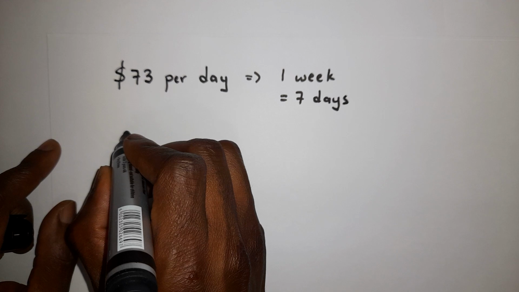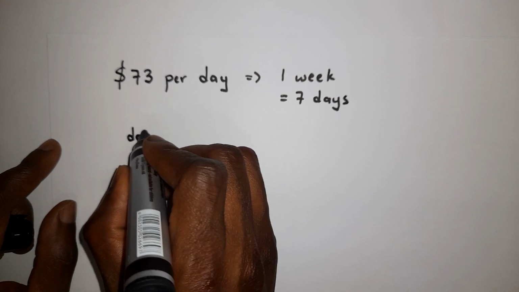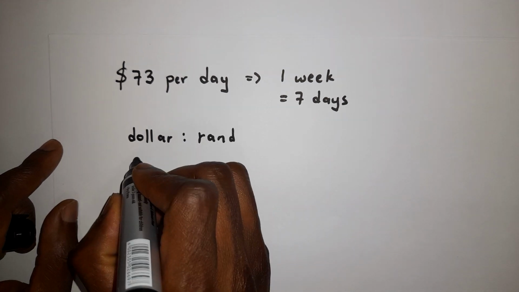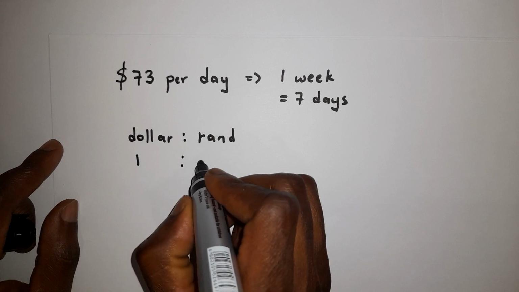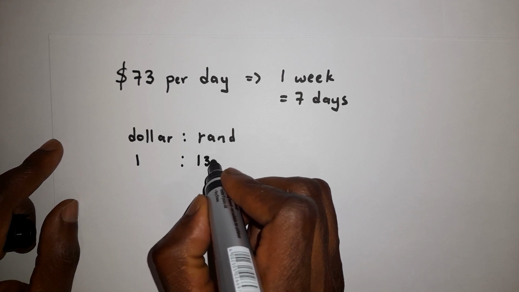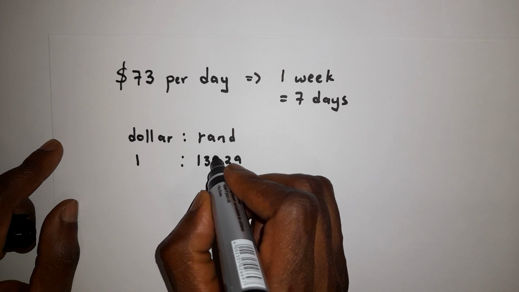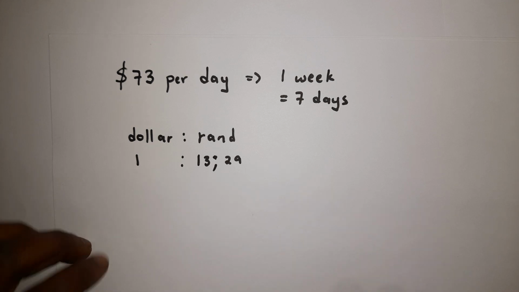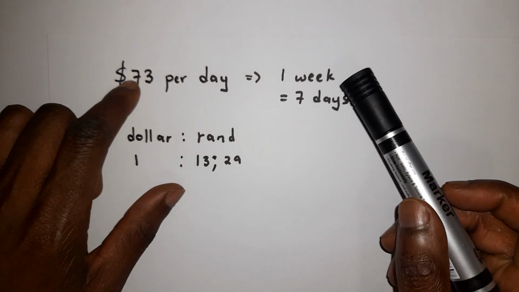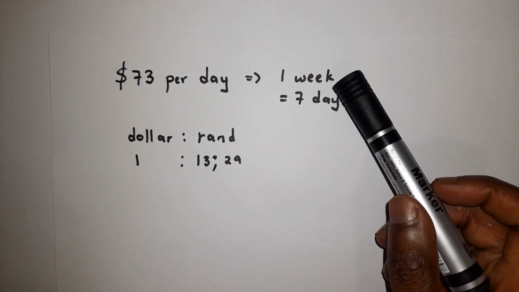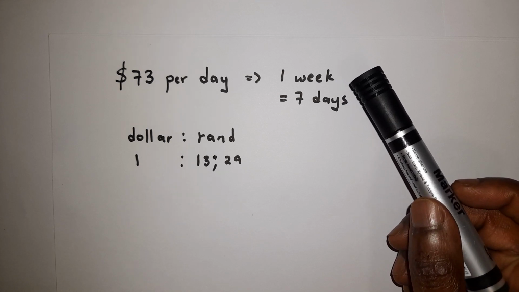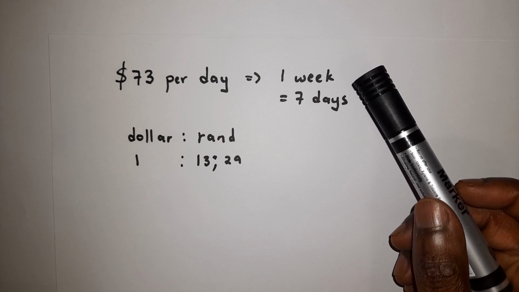So if the exchange rate of the dollar to the rand is given as 1 is to 13.29, that is 13 rands 29 cents. So we just want to find out that if the person has to pay $73 per day, how much is that in our rand?